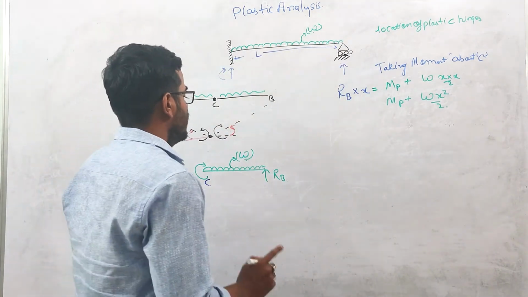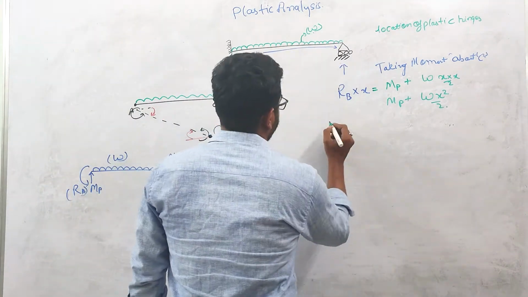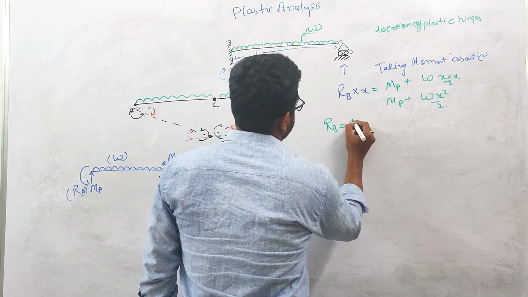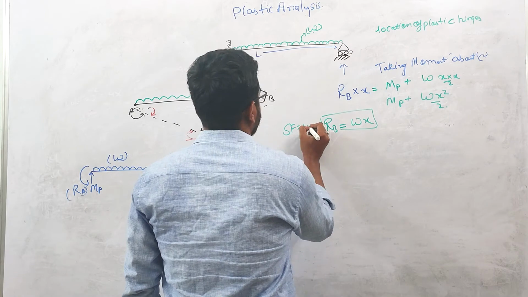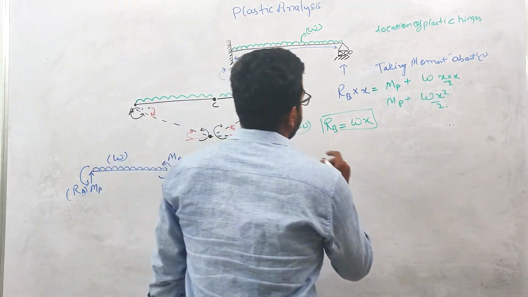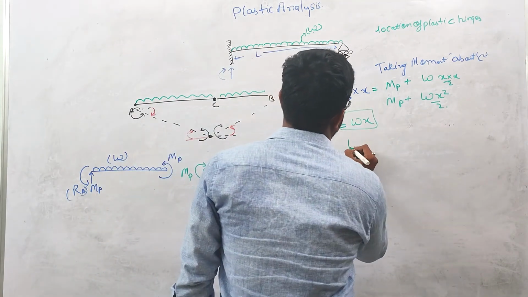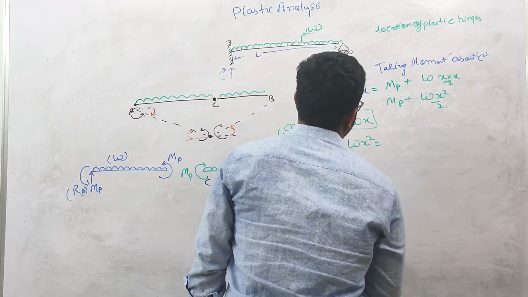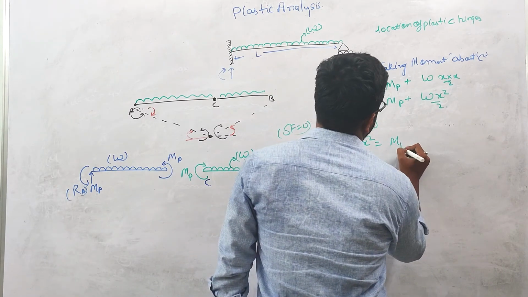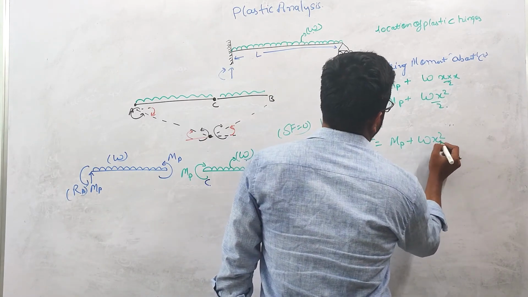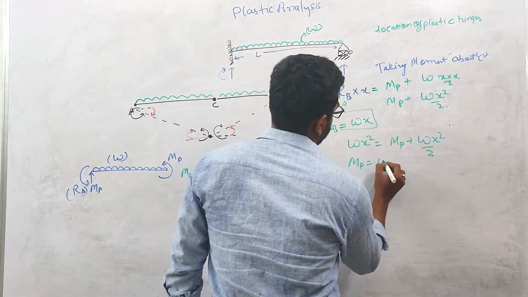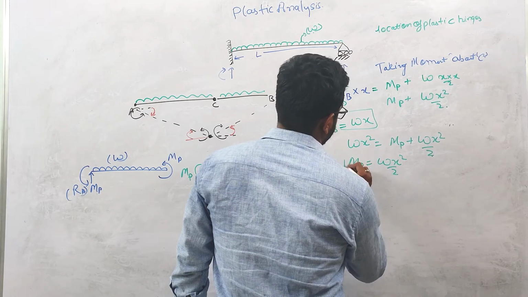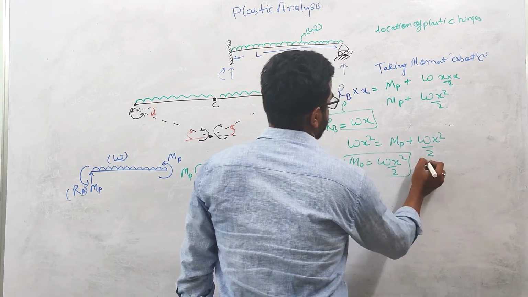And we know that shear force is 0 at this point, so I can write RB equals Wx. So RB equals Wx, if we put this in the equation, we get Wx square equals MP plus Wx square by 2. From here, MP equals Wx square by 2. So this is our first equation.